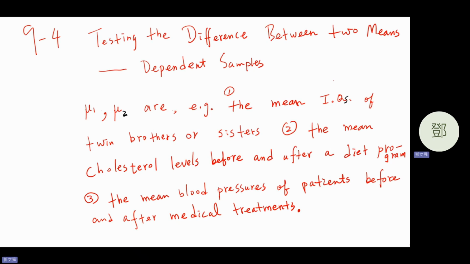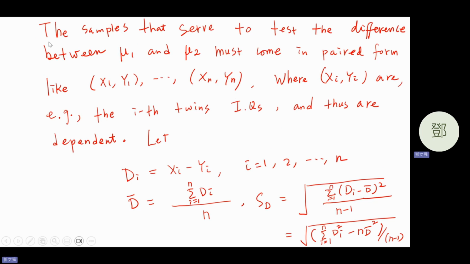Before and after must be for the very same patient. So the old t-test to compare mu1 and mu2 is not suitable for this kind of comparison. So let us see how to do it.